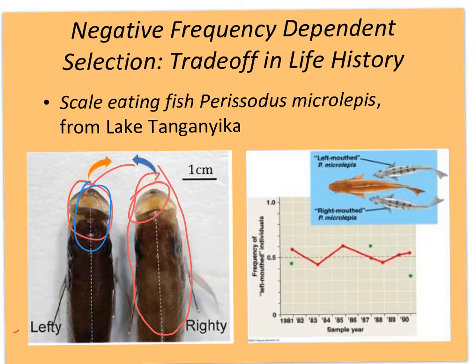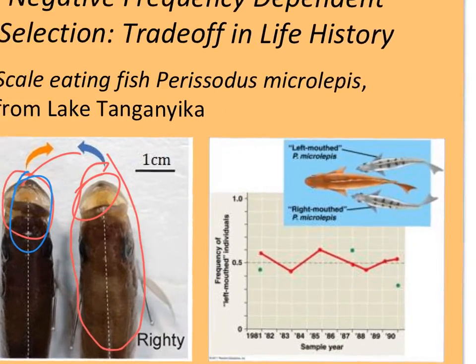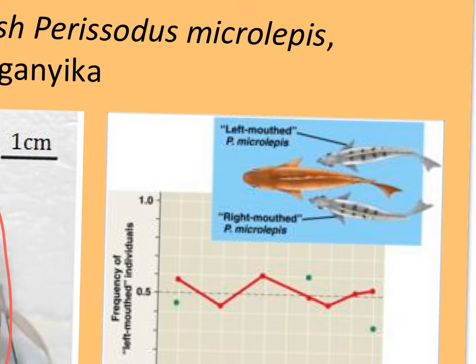Okay. Now the reason is because there's this bigger cichlid. What these fish do is, the smaller ones, they come up from the side and bite off scales.